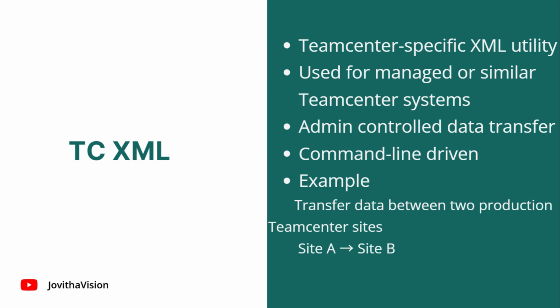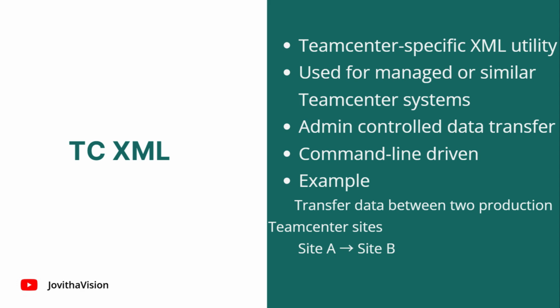Now that we understand PLM XML, let's talk about the second option, TCXML. TCXML is a Teamcenter specific XML utility. This means it is designed only for Teamcenter systems. TCXML is mainly used when data needs to be transferred between managed or very similar Teamcenter systems. In most projects, TCXML is not used by end users.